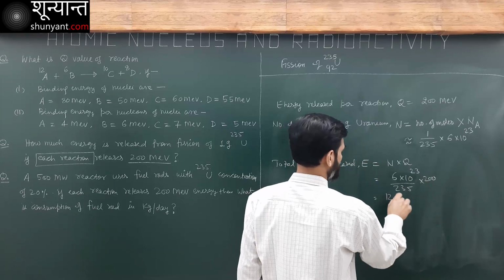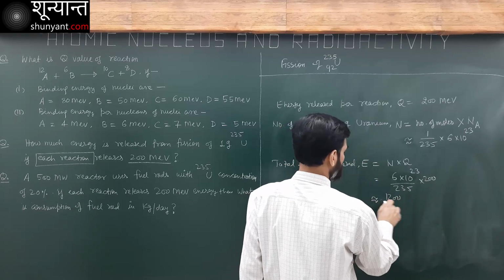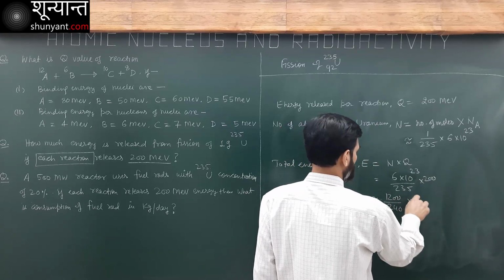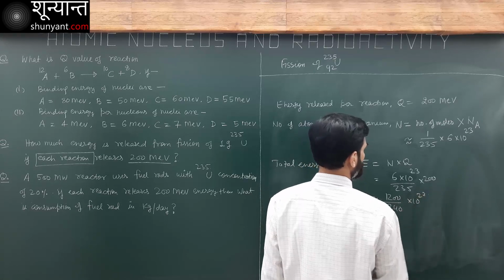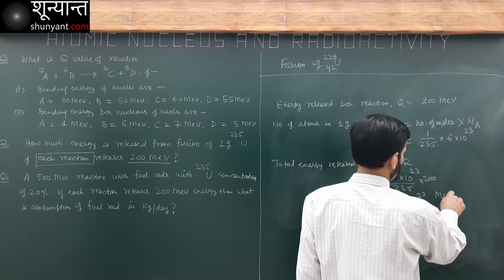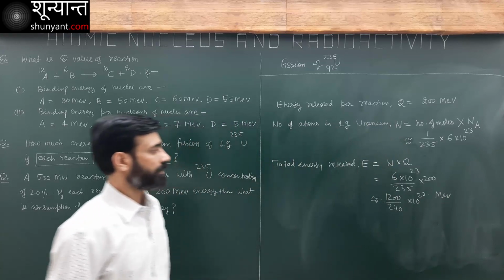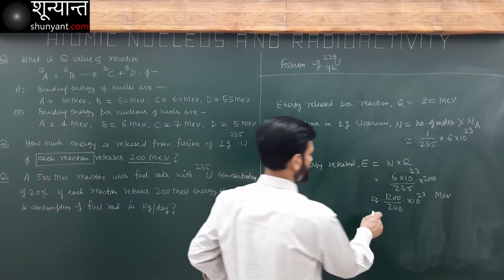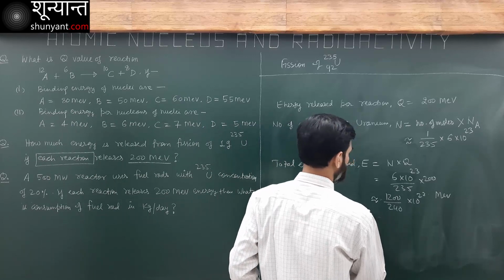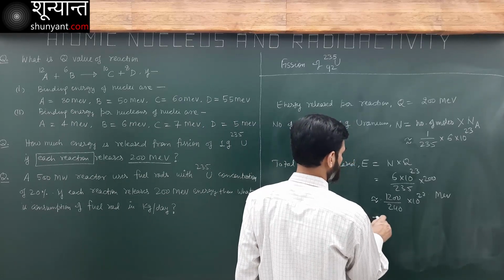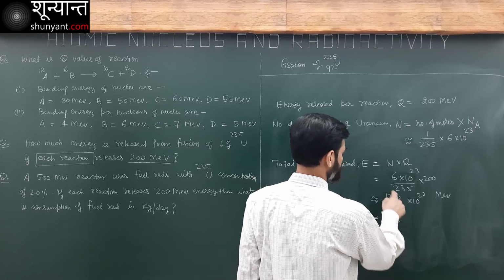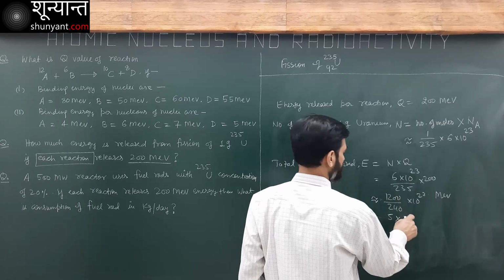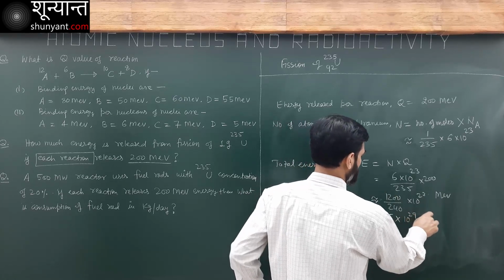This is 1200 approximately. It is going to be equal to about 5 times 10^23, in mega electron volt. So this is approximately 5 times 10^29 electron volt.